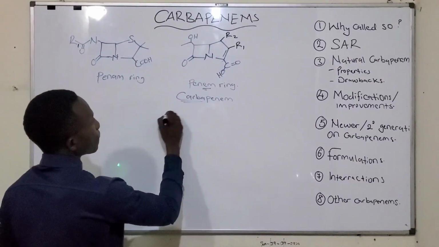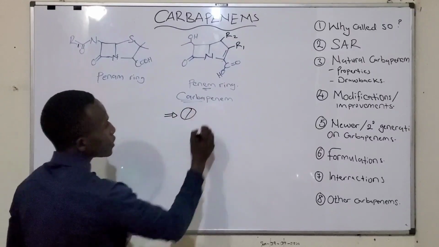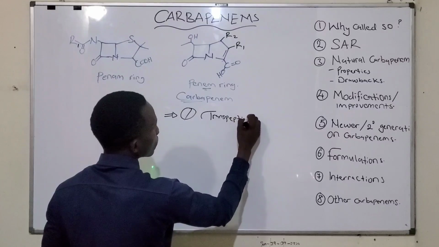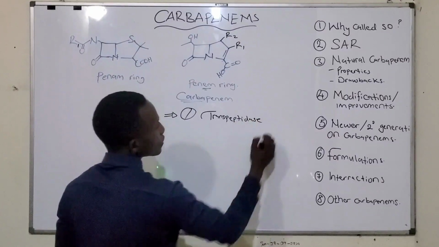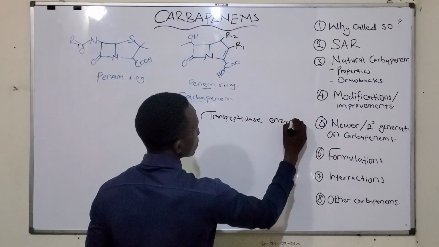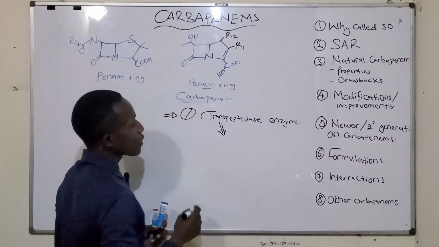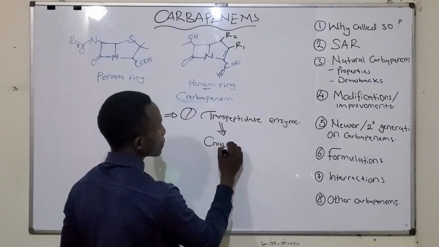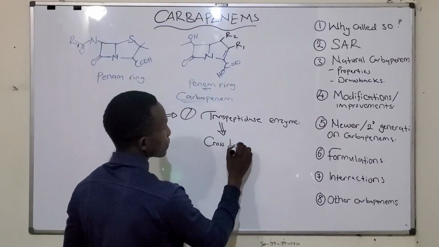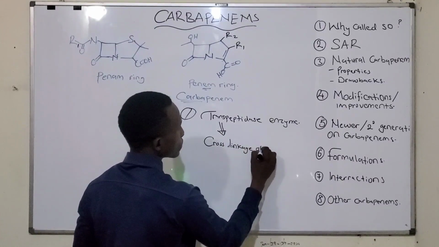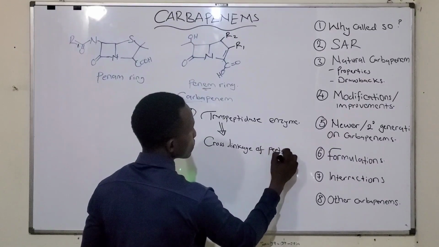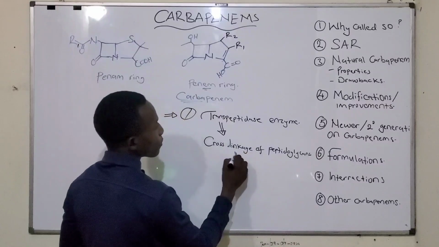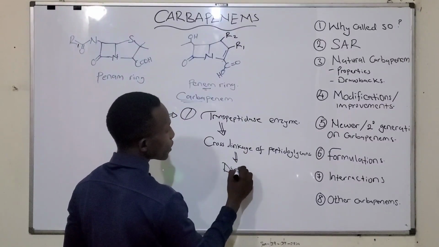These drugs inhibit the enzyme known as the transpeptidase. This enzyme is responsible for the cross-linking of the peptidoglycans. From here, we form the dipeptidoglycan.